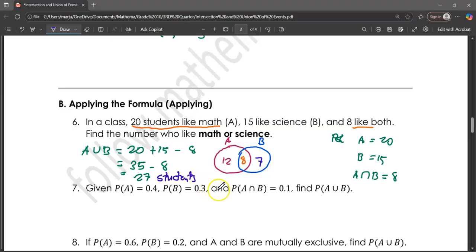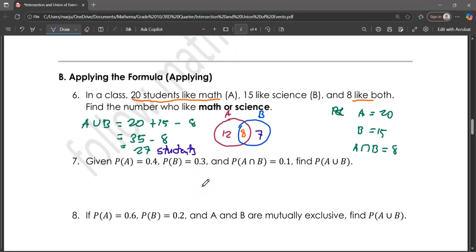Let's do number 7. Given probability of A equals 0.4, probability of B is 0.3, and the probability of the intersection of A and B is 0.1, find the probability of the union of A and B. So again, using this formula, asa na ba yan?